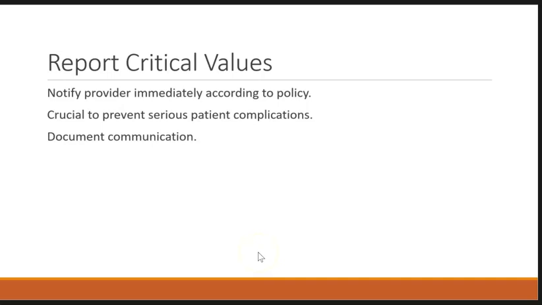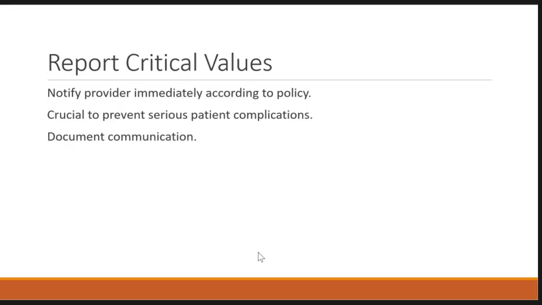When glucose results fall within the institution's critical value range, the nurse is responsible for notifying the appropriate healthcare provider immediately using established communication procedures. You've been provided with a document called SBAR, which gives examples of how to communicate critical values to a healthcare provider.